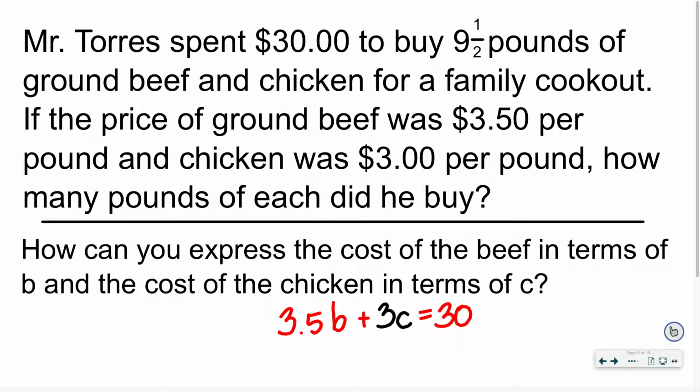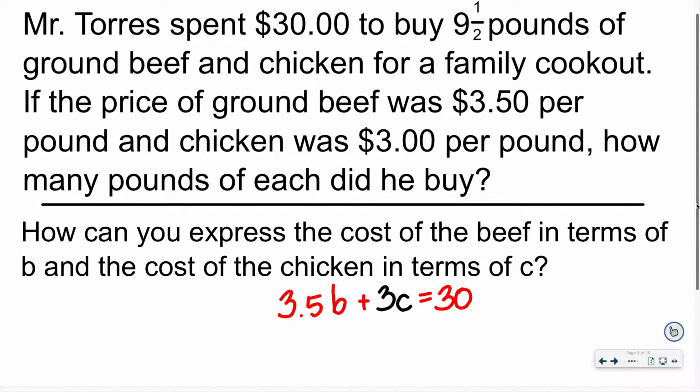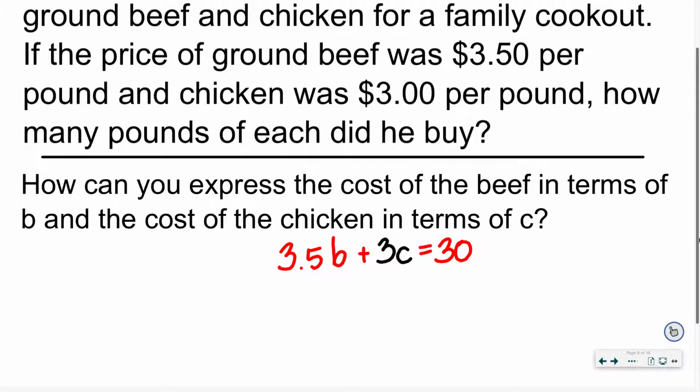So we have our equation here, 3.5B plus 3C equals 30. If people make a mistake at this equation, what mistake do you think they're making? What about this might get confusing, especially if you're using an X and a Y?